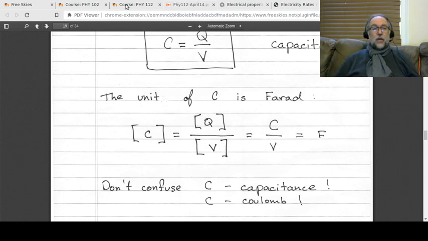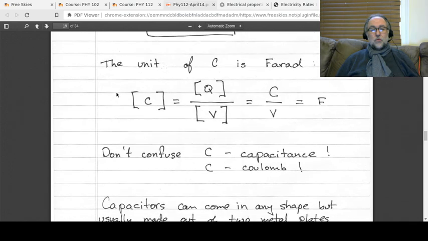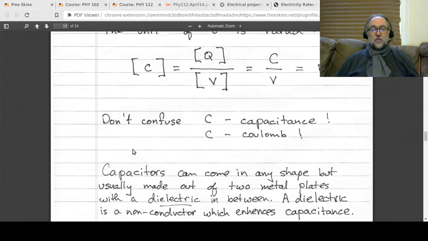Now, at this point, I have to alert you to a possible confusion that comes up. There's two C's in here. There's the one C, which is the symbol that refers to capacitance. And then there's another C which refers to the unit, which is coulombs. I mean, physics ran out of symbols long ago, and so they've recycled them.